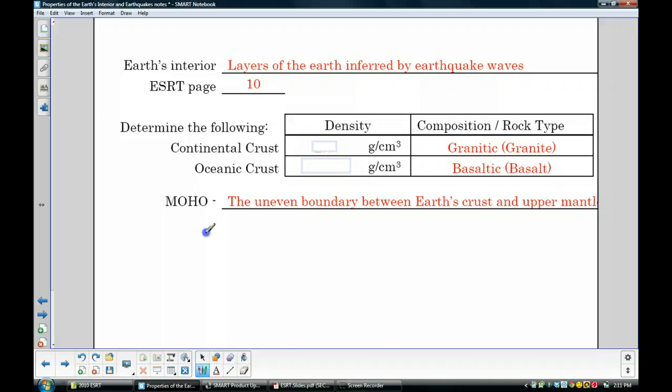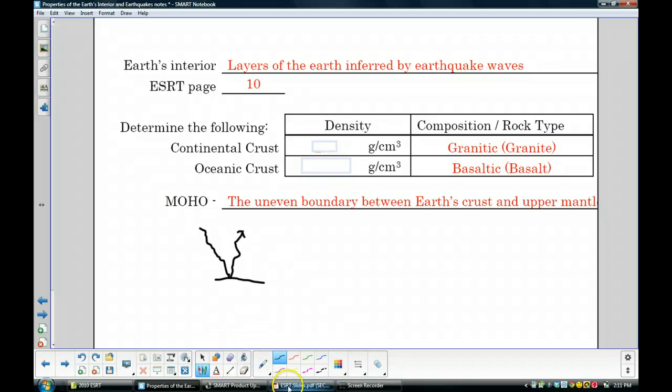The waves either slowed down or were reflected at a certain depth and bounced back up, and were felt again at seismic stations. They bounce off that layer and change speed because there's a boundary there, and the rocks actually change.